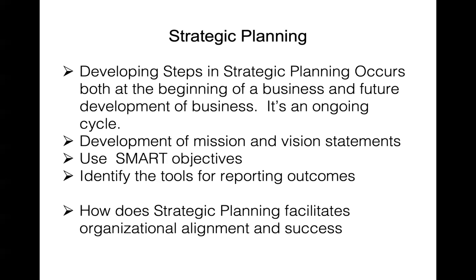You could lose FTEs, your budget could get cut, your whole department could get cut. And so strategic planning not only happens at the higher level of a company, but should be happening also with great leaders within different departments. Or if you're your own owner of a business, you need to constantly be doing this. And so strategic planning helps facilitate organizational alignment and success.